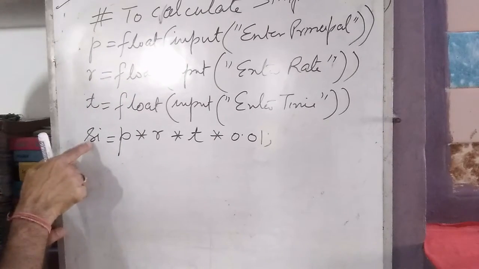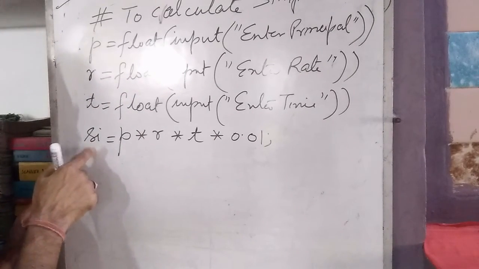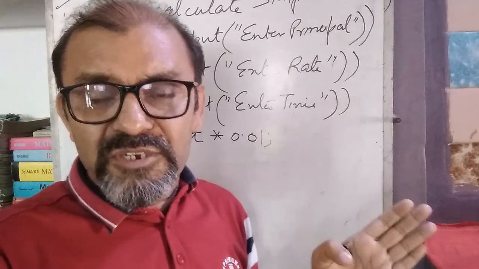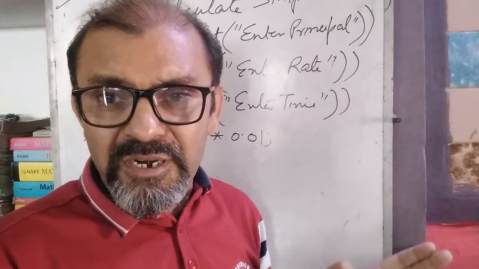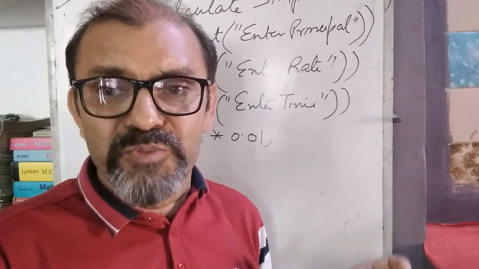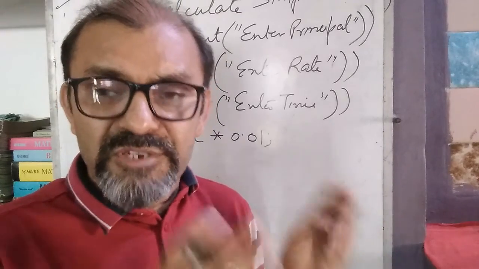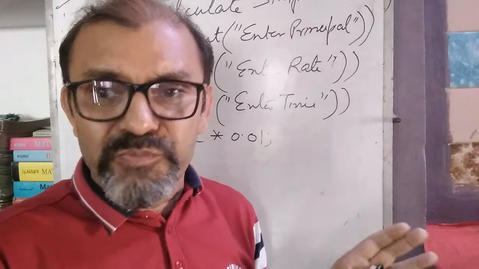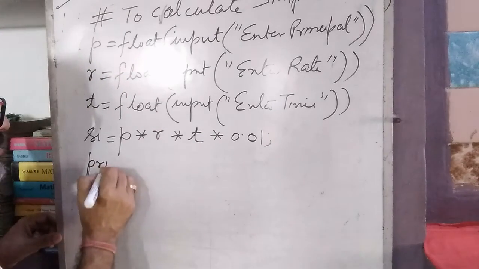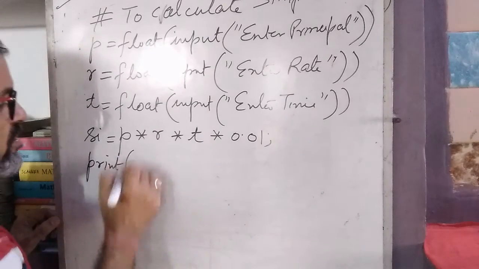After this SI is calculated, now it's time to give the output as you have seen in the flowchart. Once the calculation of the output quantity has been done, it is to be displayed on the screen. Such instructions should be passed to Python to display that output on the screen. For that there is a print statement or print function.